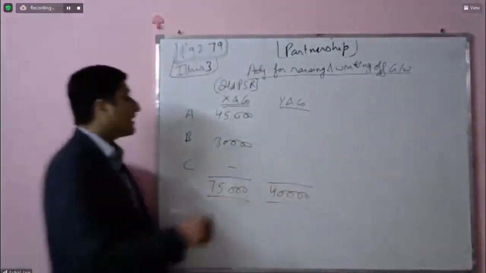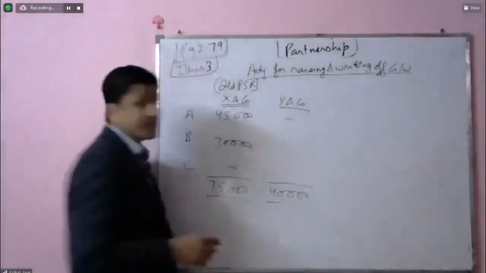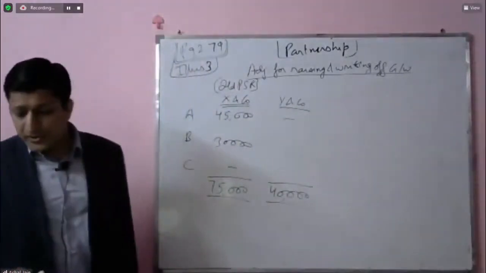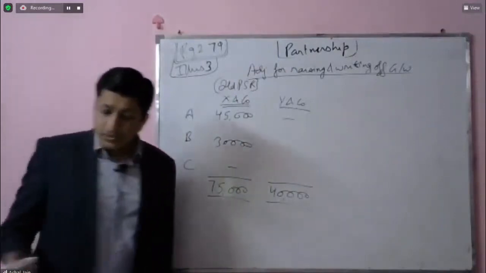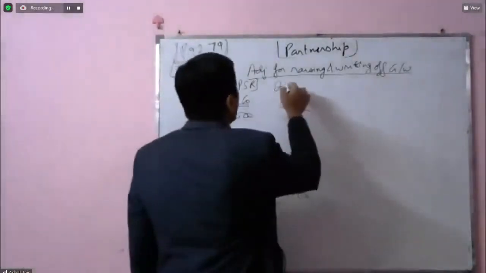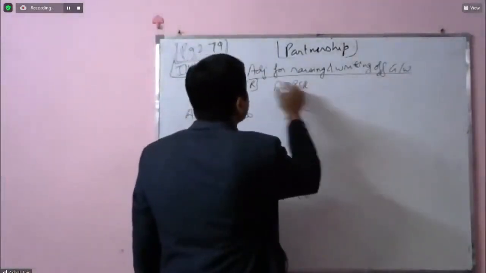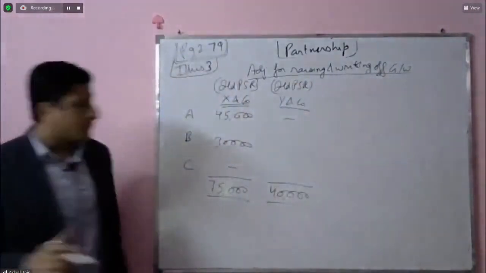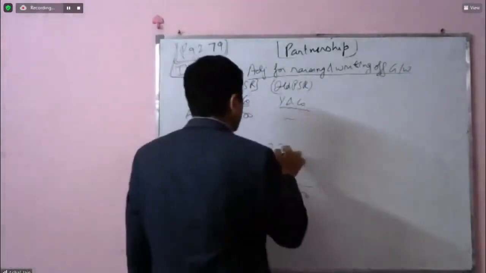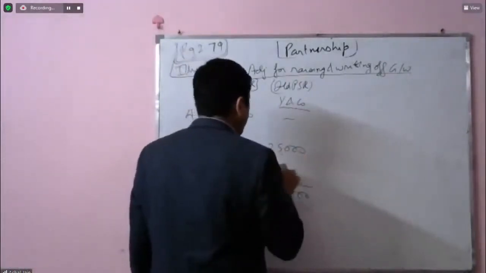And in this case, we don't have A. And this will also be distributed in their profit sharing ratio. What's their profit sharing ratio? 5:3. Old profit sharing ratio 5:3. So what do we get? We will get 25,000 and 15,000.